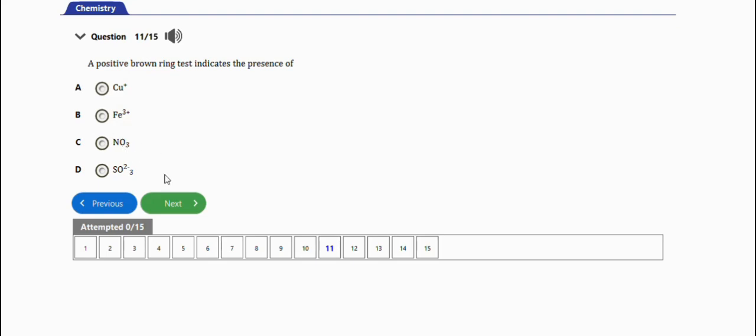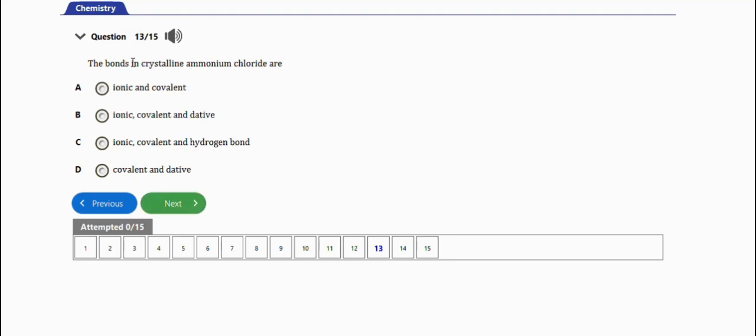So the right answer is option C. Okay, so that's the answer to this question. The next repeated question, take note of this, guys, says the bond formed when ammonia reacts with hydrogen ion to form ammonium ion is obvious dative bond, option B.